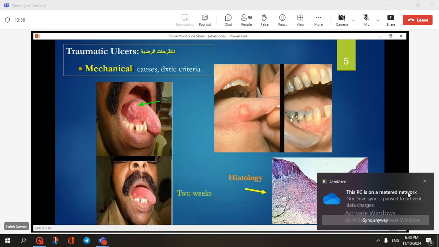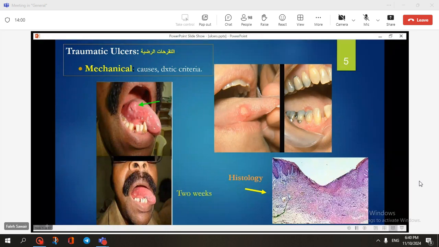Also, the first patient has sharp teeth causing an ulcer at the lateral border of the tongue. How to confirm the diagnosis? You have to find the cause that fits with the site of the ulcer, and also the shape of the ulcer. So you have to find an adjacent cause.